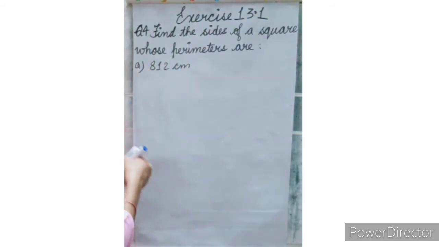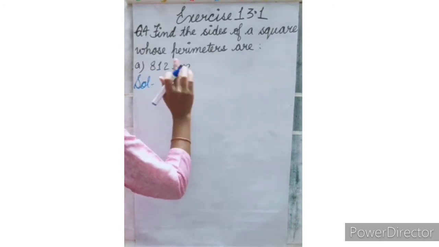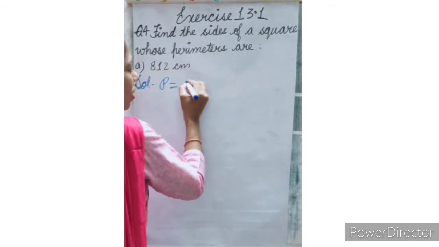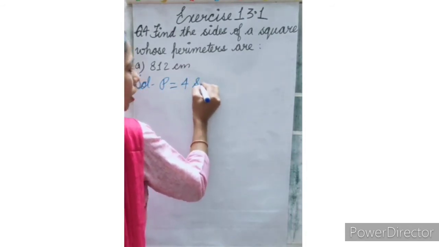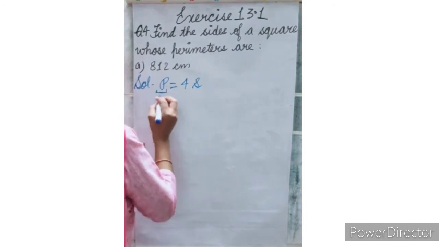Let's start solution. As in this question, this is the perimeter of the square and formula for perimeter of a square is equal to 4 into S. As perimeter is given, it means this P is given.